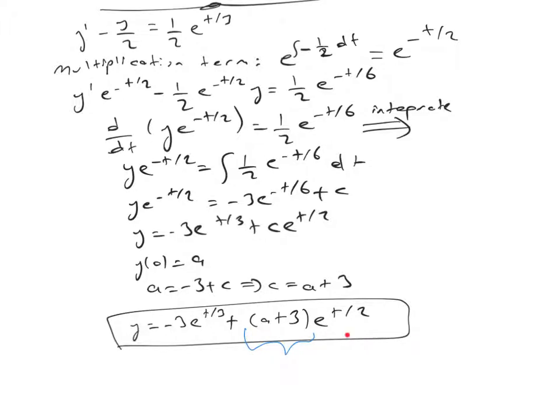Otherwise, this term will be added as a negative term. So, by equating a0 plus 3 to 0, we will get minus 3 for a0, which is the critical value.